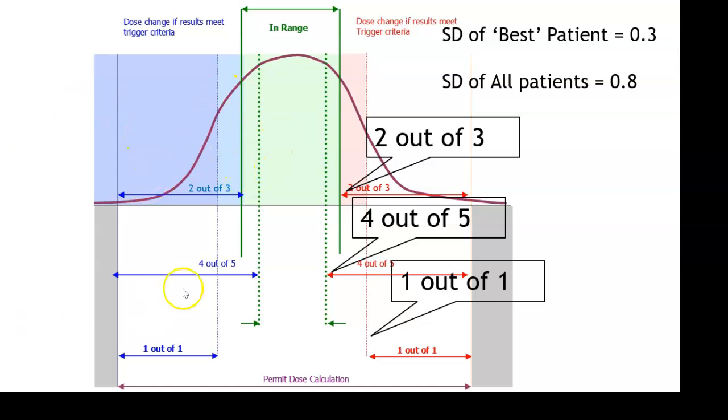However, if a result falls outside of these standard deviation limits, it's much more likely to be significant. So what we do in Dawn is say a result in this band or results in this band outside of those standard deviations, we will dose change straight away. So 1 out of 1 results that are below 1.8 or above 3.3, we're going to dose change straight away.